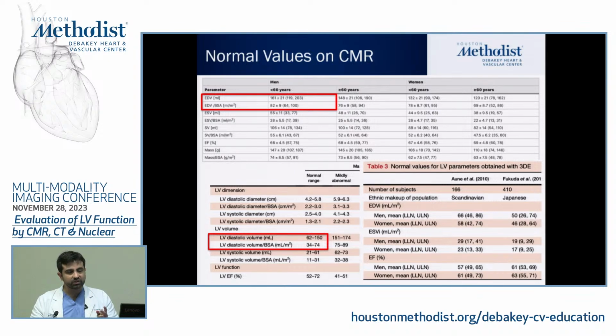Generally, you usually see an underestimation by 40, 50 mLs by echo if you're just doing simple biplane echo with contrast. When you get 3D echo, the difference will be lower. Notice that the reference range now is larger compared to 2D echo.